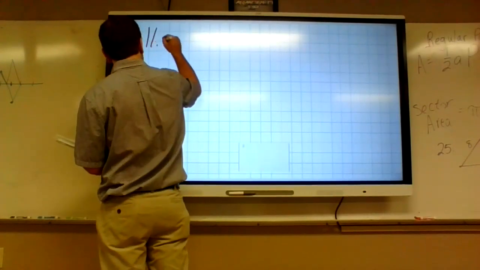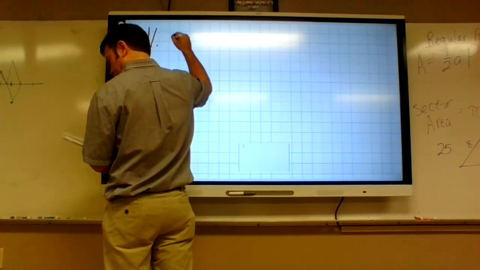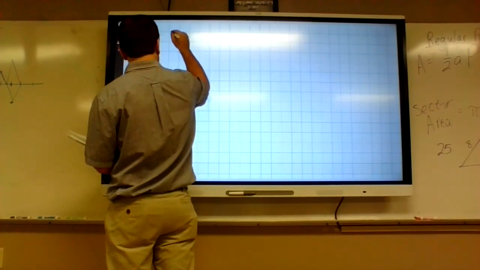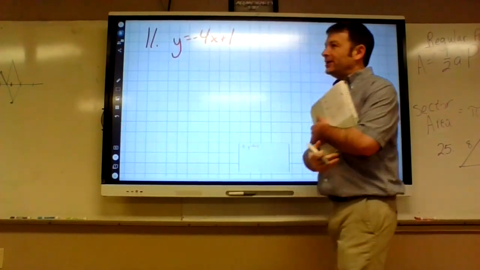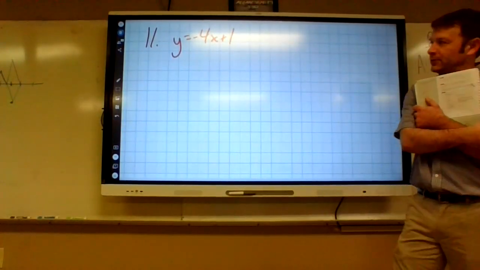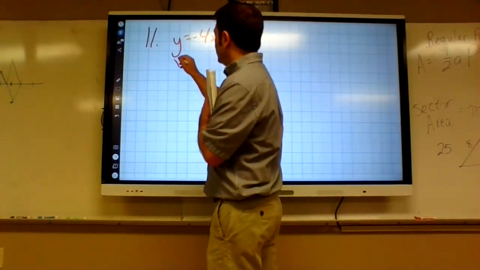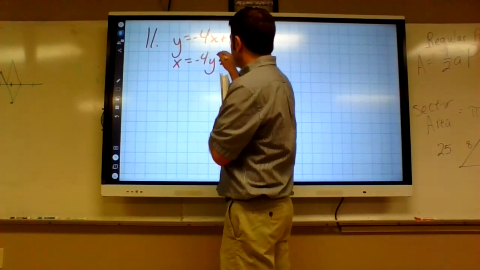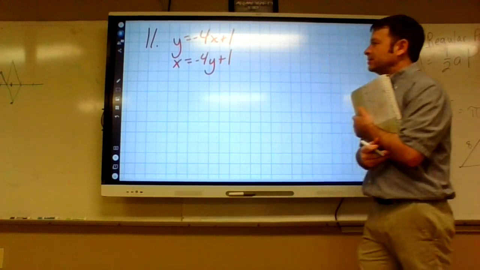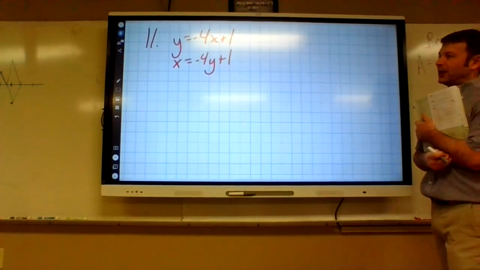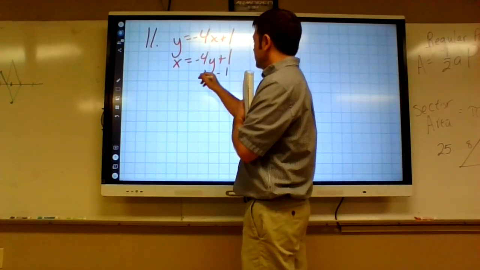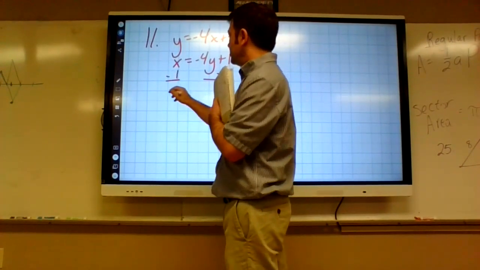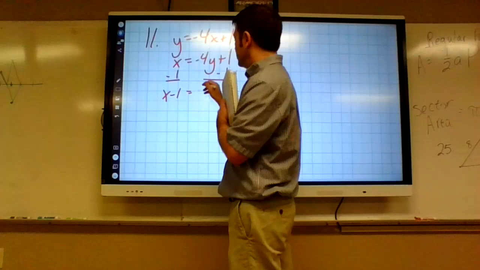It's all about expectations. Okay, h of x equals negative 4x plus 1. So that's y equals negative 4x plus 1. How do I find the inverse? The rule for the inverse? Switch the x and the y and solve for y. Get y by itself. We've done a lot of minus ones, haven't we? Minus 1.